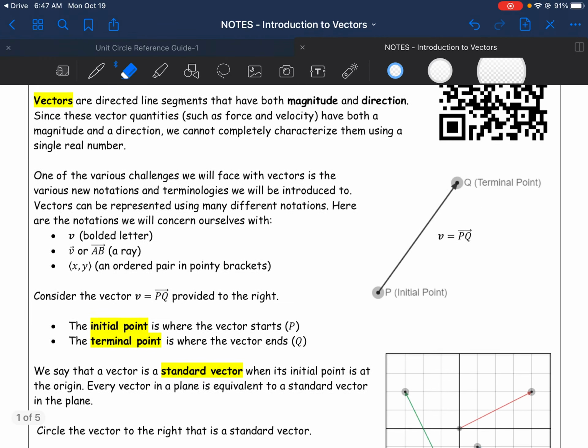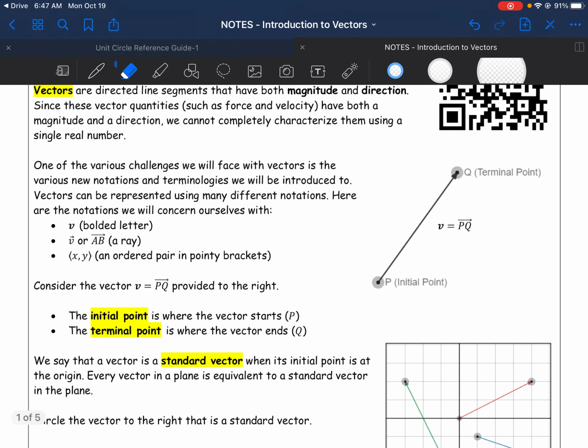Now, one of the challenges that we're going to face with vectors is all the new notation and terminology that we're going to be using throughout this unit. So here are the notations we're going to concern ourselves with when it comes to vectors. We can represent a vector as a bolded lowercase letter, usually v. We can represent a vector as a lowercase letter with an arrow above it, or a ray.